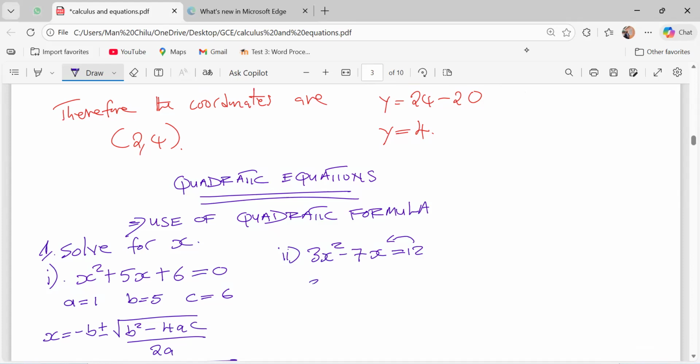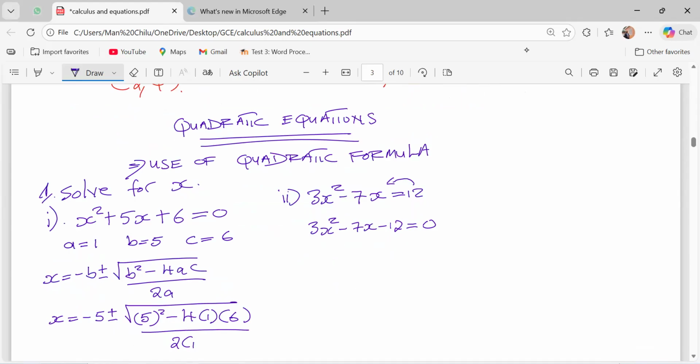So we have 3x squared minus 7x. This 12 is positive because the other side becomes negative. So minus 12 will give us a 0. So once we have this, then we can have the values of a, b, and c. So a will be equal to the coefficient of x squared, which is 3, then the coefficient of x, which is b, is -7, and c is -12.